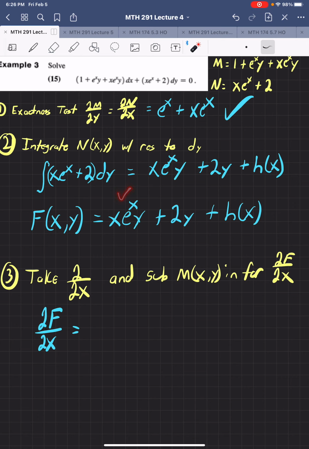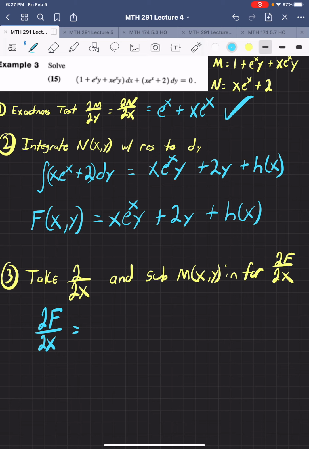We're going to take the derivative of each of these terms. This is a product rule, because you're taking the derivative with respect to x. The derivative of 2y, if y is a constant, is just 0. And of course the derivative of h is just h prime. I'm going to assume that you're okay with doing a product rule and give you that result.